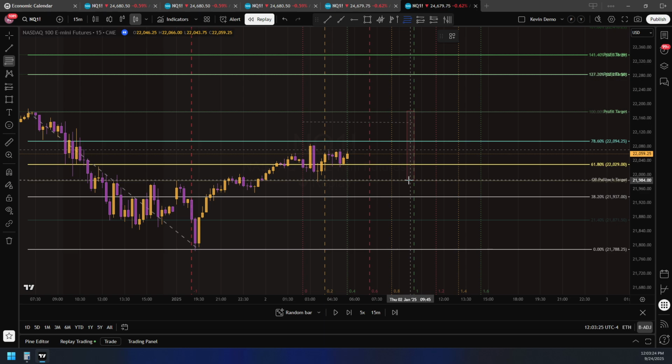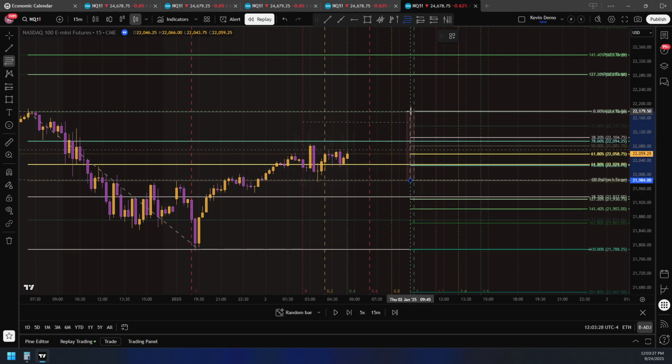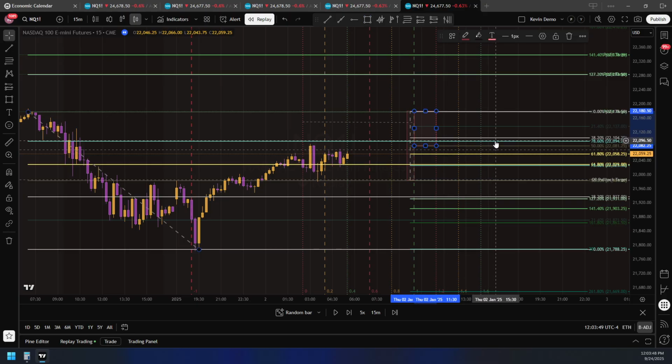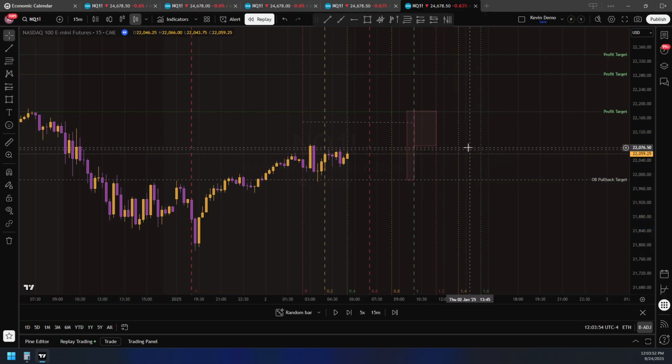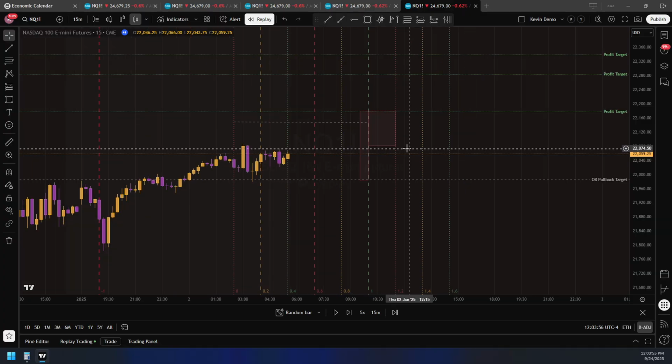We could say if it's bouncing from here to here, the likely pullback area is probably going to be right around here. Generally between the 38 and 50%. So somewhere around here would be the pullback, like that. That's what I would be expecting. It's not exact, but it gives you a little ballpark, something to aim for.